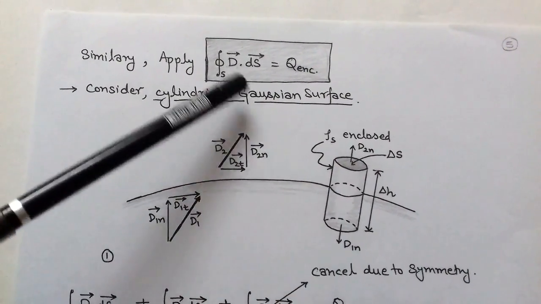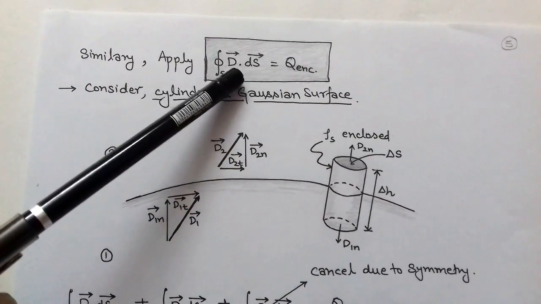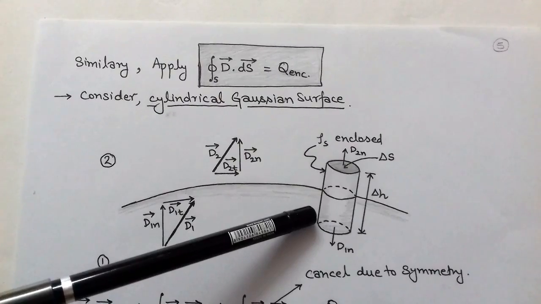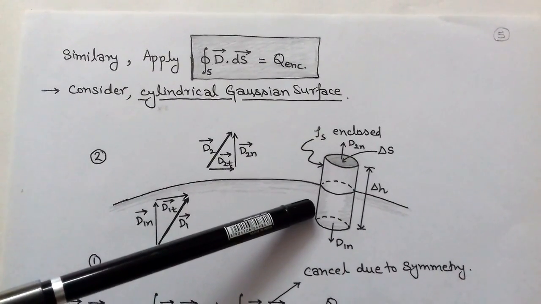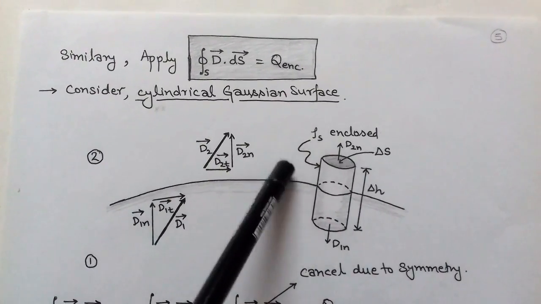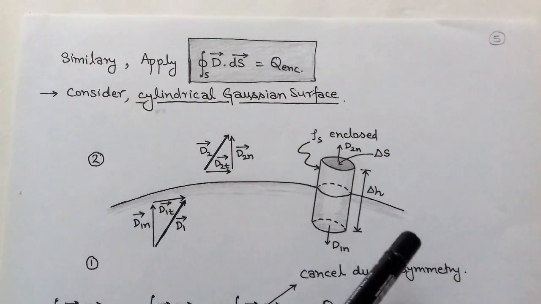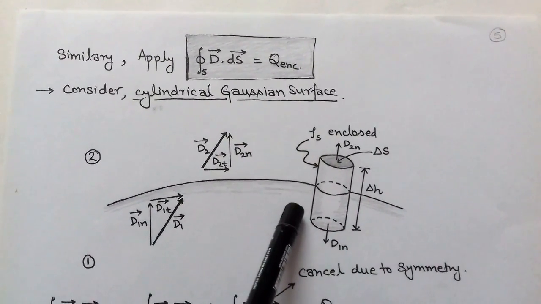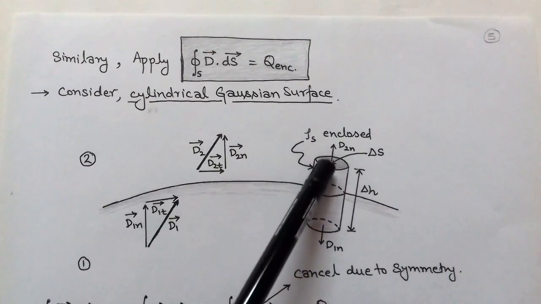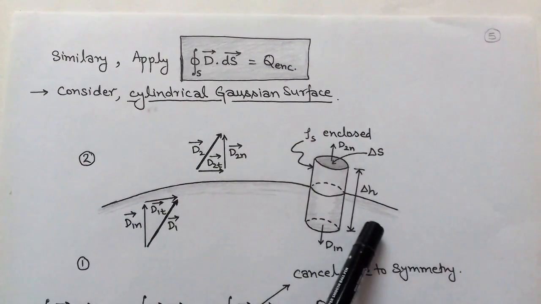Now the second step, for the application of this Maxwell equation, that is closed surface integration, is to take a closed surface. Here we take a closed cylinder. Half of the cylinder is within region 1 and half is within region 2.